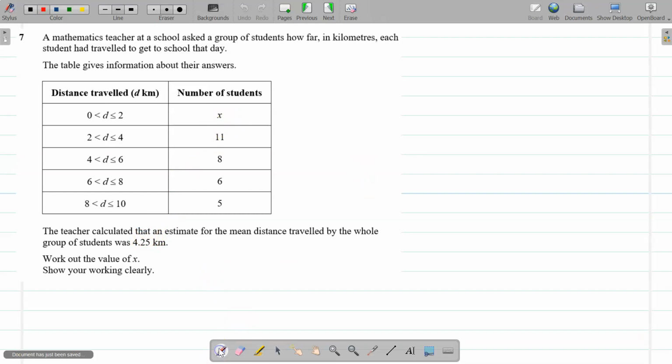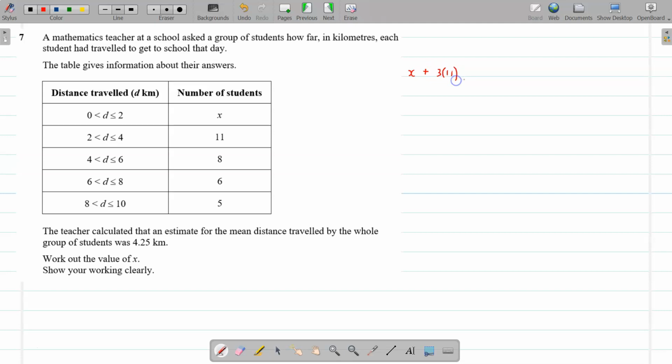So basically this is what we would have done to find the mean. We would have taken the midpoint times the frequency. Half of that interval 0 to 2 is 1. So I've got 1 times x. Then I had 11 times 3, or 3 times 11.